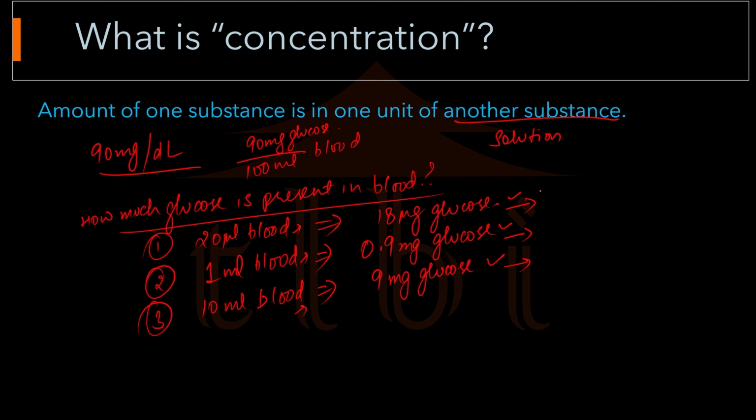But if you calculate, you see that these all represent the same 90 mg per deciliter of blood. So the point here is that concentration terms are useful to simplify when different volumes are used for measurements, right?